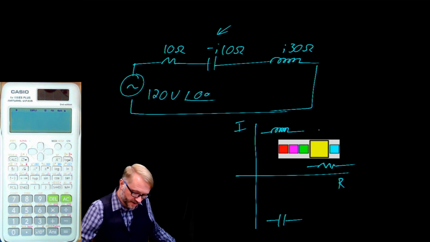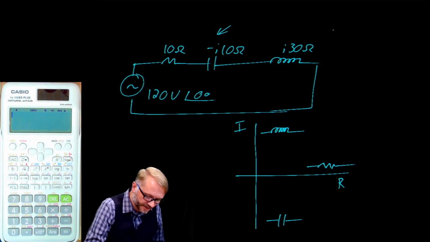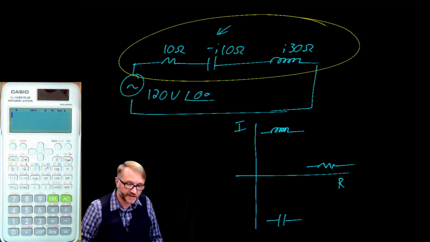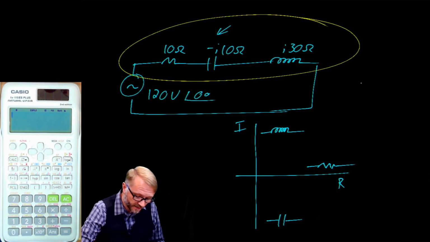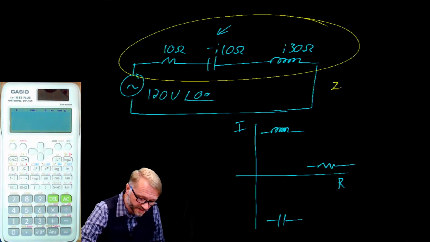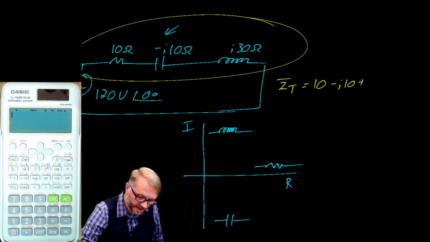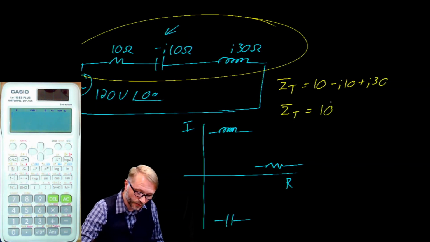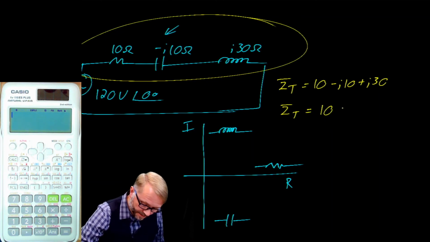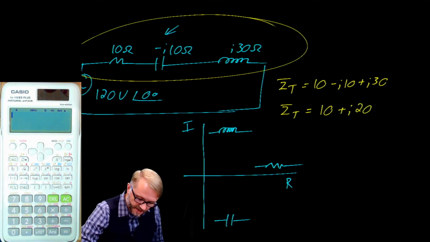From our knowledge of series circuits, we can do a guesstimation here, and we could say that the total impedance is equal to the sum of all of the elements. So Z total is equal to 10 minus j10 plus j30, which gives us a total impedance of 10 real plus j20.